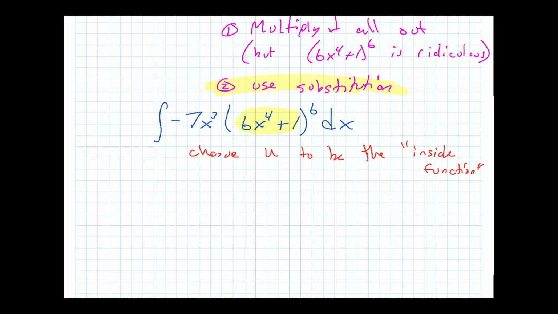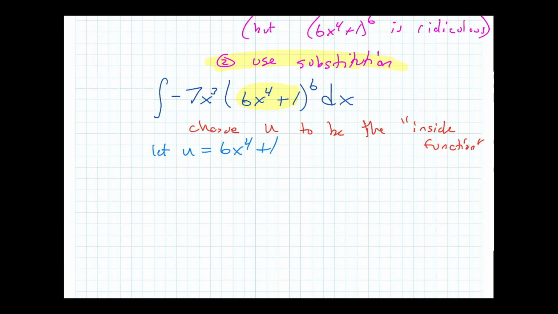So we try. u is going to be 6x to the fourth plus 1. Notice that we're just taking the inside function. We're not taking that exponent with it. For du, you're going to take the derivative of this. So what's the derivative of 6x to the fourth plus 1? Well, this is a derivative, so power rule. You bring the 4 down in front, so you get 24x to the 3, subtracting 1 from the exponent, and then a dx.